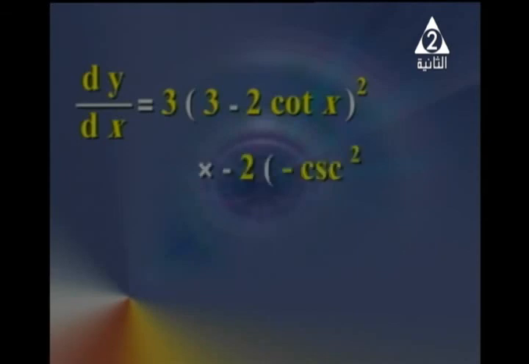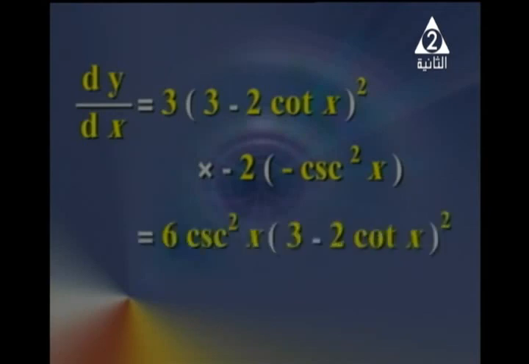After that, multiplied by what? Yes, the derivative of the inside bracket. What is the inside bracket? 3 minus 2 cotan x. What is the differentiation of negative 2 cotan x? Negative 2 times negative cosec power 2 x, multiplied by 3. The answer is 6 cosec power 2 x multiplied by bracket contains 3 minus 2 cotan x all power 2.